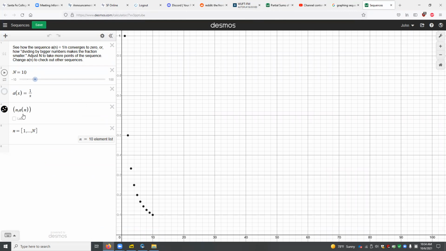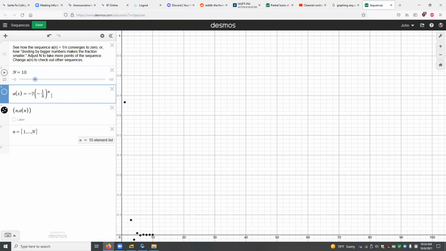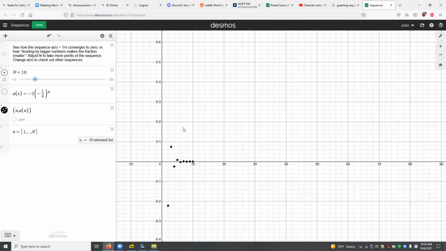Yeah, here we go. So you can take something like this, you just put in the continuous variable. So 2 times 1 to the n. And if I zoom out a little bit, you'll see the first few terms of the sequence. And they get very close to 0 very quickly.